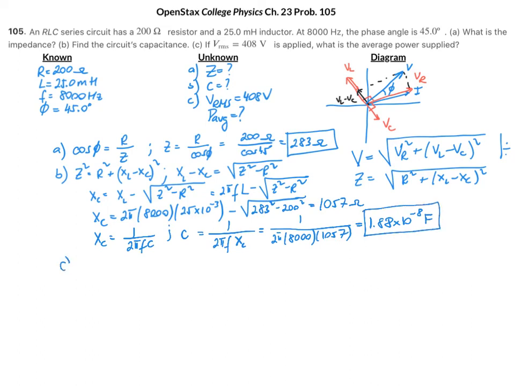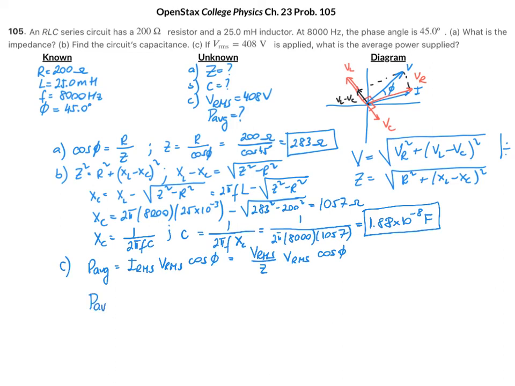Now in part C, we're looking for the average power. So average power is IRMS VRMS times the power factor, cosine phi. I don't know IRMS, but I can use Ohm's law and say that IRMS is VRMS divided by the impedance, and we multiply that by VRMS times the power factor.